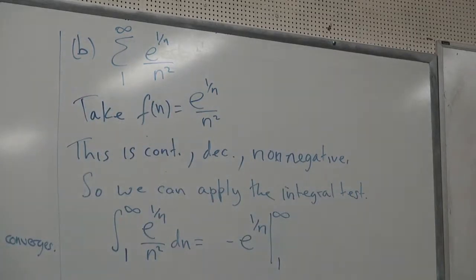And this here converges. It doesn't converge to that number. This is actually an upper bound for what it would converge to. But if this converges, the other one would.